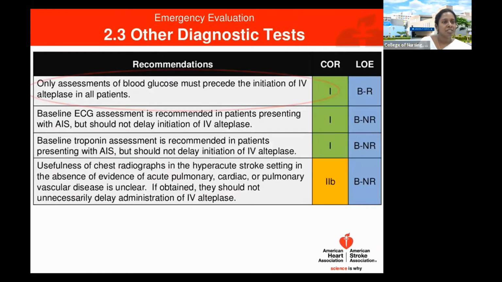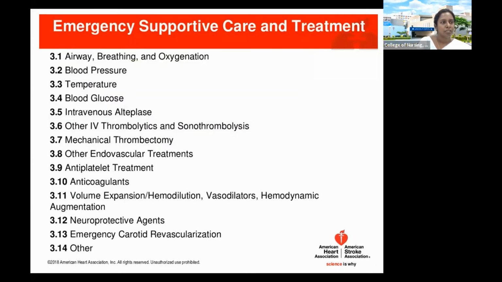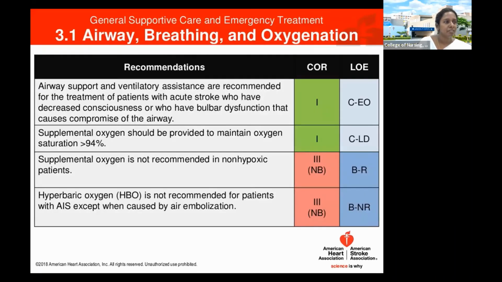Under other diagnostic tests, the first thing, if you can read, is only glucose assessment they ask us to do. It must precede the initiation of IV alteplase. That's the only thing. This is a third set of protocols that they have given under emergency supportive care and treatment. Whatever I have covered in the previous topic, all those are given with evidence.